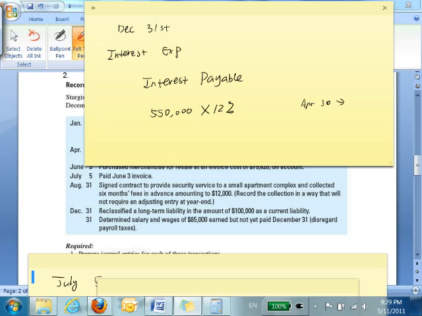April 30th to December 31st. How many months? 8 months. 8 months, yeah. Very good, 8 months. So we divide by 12. This is interest expense per month times 8 months, right? So we solve this.